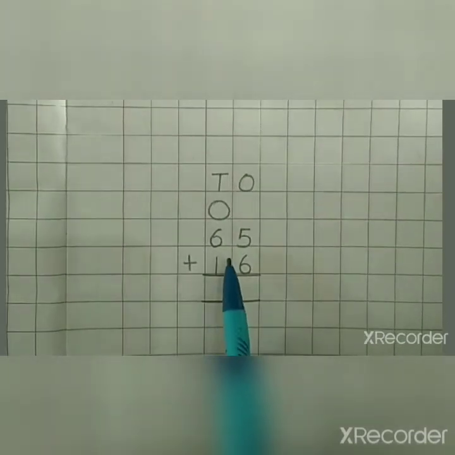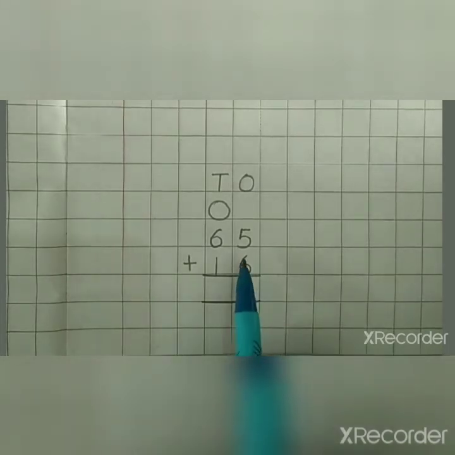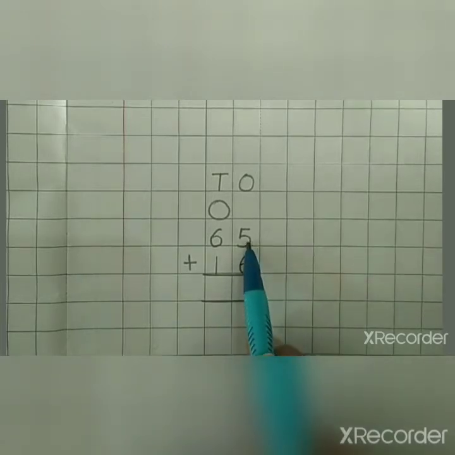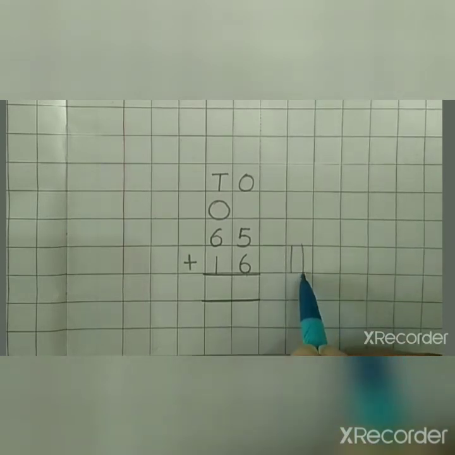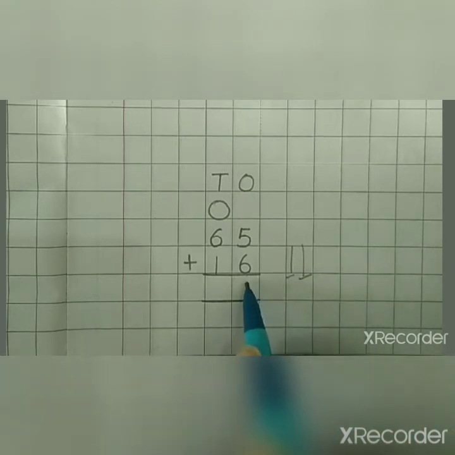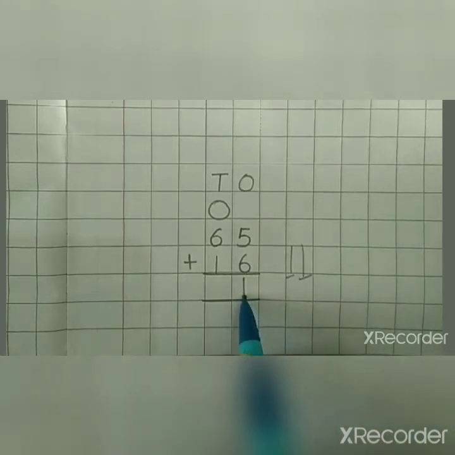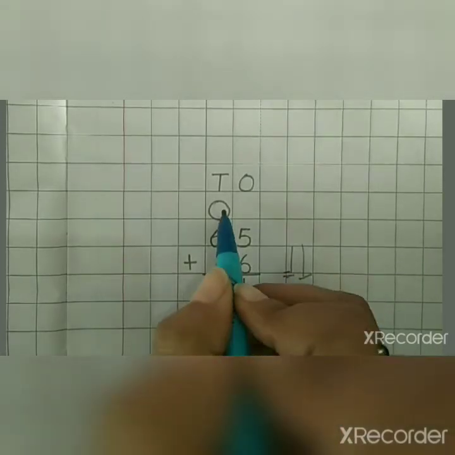Here we have to add 65 plus 16. First we will add 5 plus 6. 5 plus 6 is equal to 11. In 11 also there are two digits, 1 one and 1 ten. So 1 you will write under the ones column, and what is left? 1 is left, so 1 you will write for carry.